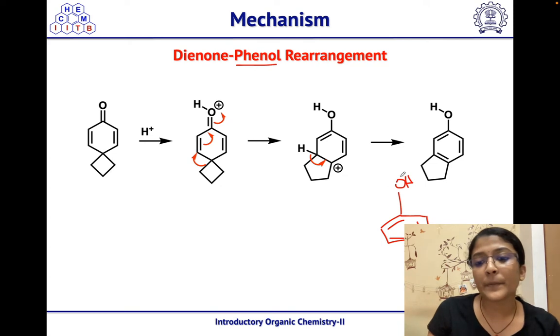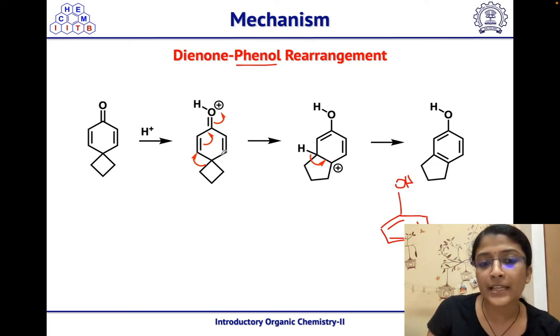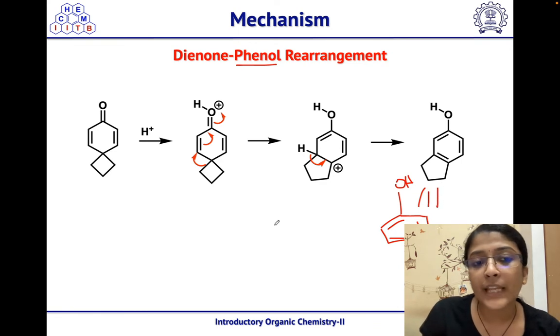This and this will be the same. If migration is taking place from this side, then it will give this product, but this product and this product are the same, they are equivalent. Any doubt in the mechanism of this dienone phenol rearrangement?